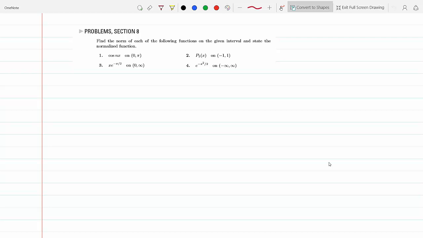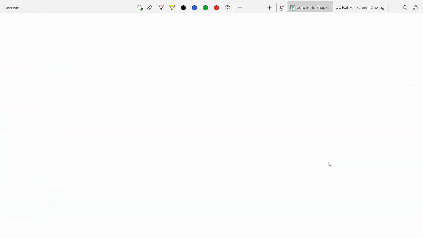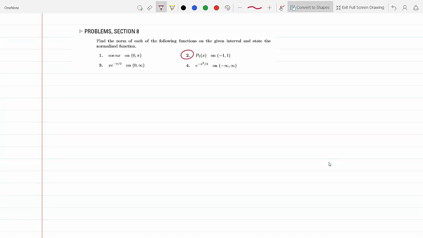Okay, so what is a normalized function? Well, I might as well show it to you from the second problem, since the second problem is already a homework, right? So what's the second Legendre polynomial?